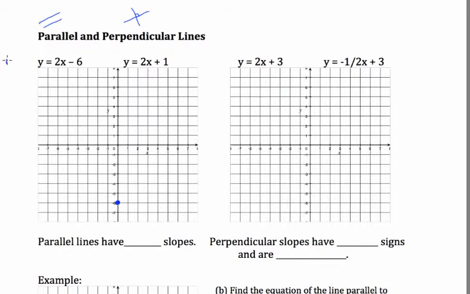So my m number is 2. Turn that into a fraction, 2 over 1. So that means I'm going to go up 2, right 1, and down 2, left 1.